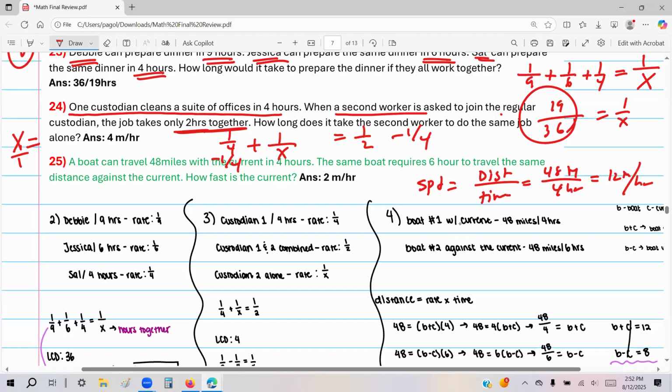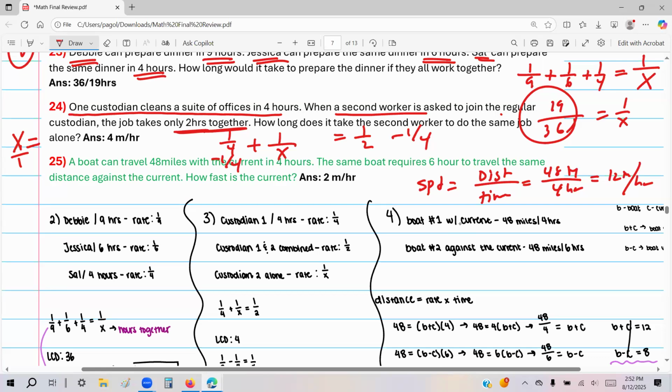And it's 12 miles per hour if you're going with the current. So speed of your boat plus the speed of the current, they both are going toward the same direction. So adding the two speeds, the result is 12 miles per hour. But when you're coming back, you're going against the current.